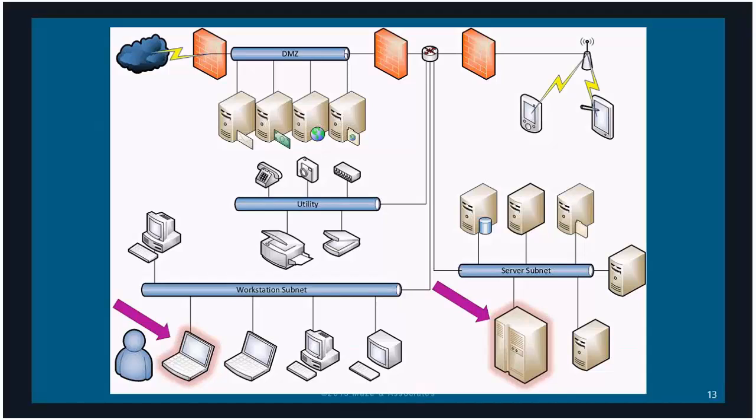So typically what you're going to look at is the finance director and the finance department's computers, and you're going to look at the back-end server that runs whatever financial application software you're running.